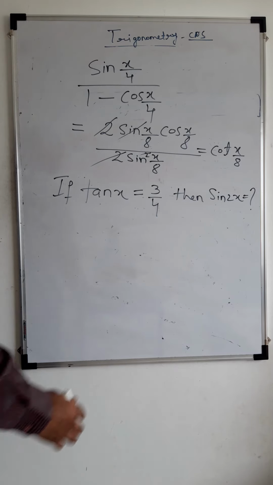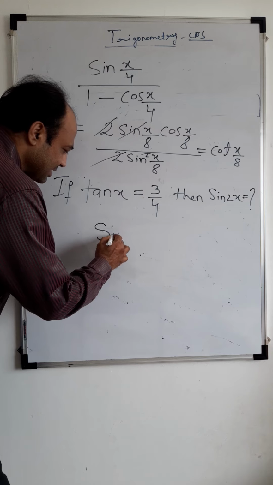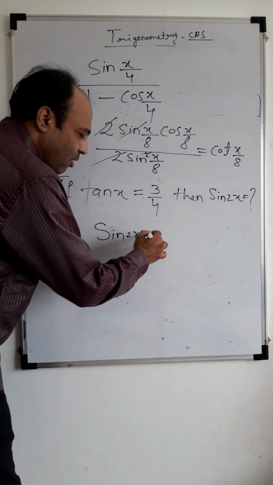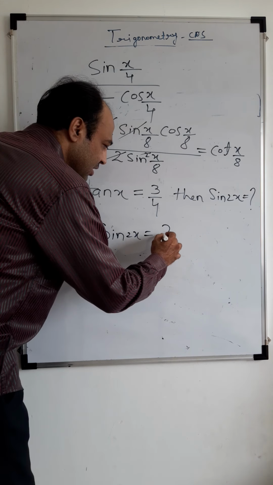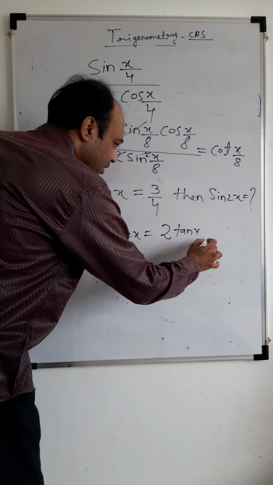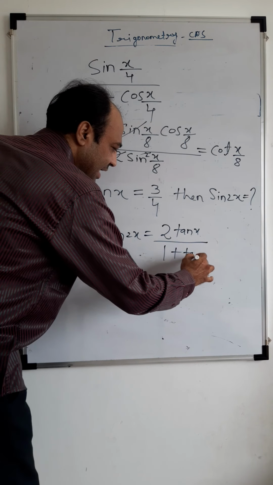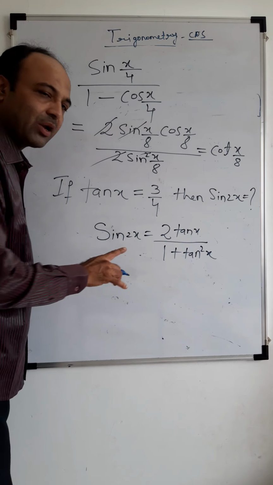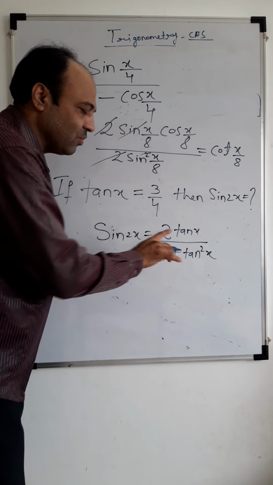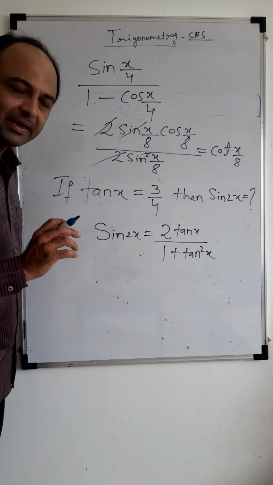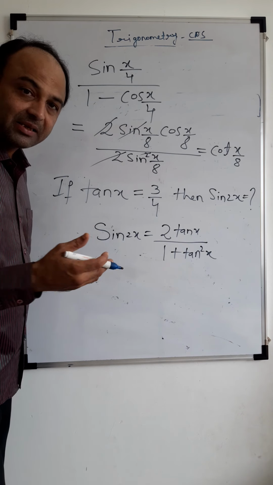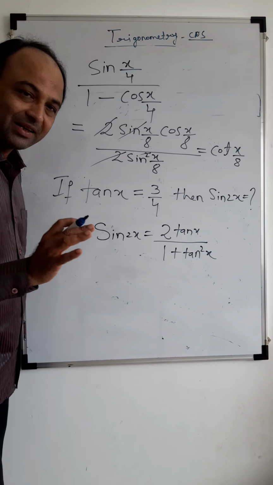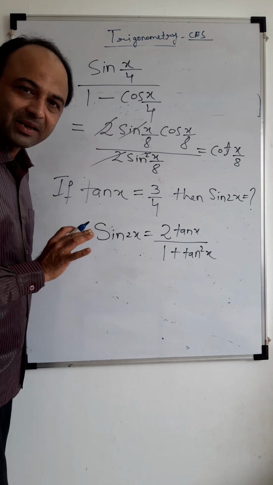So there, all of you came to know the sin 2x formula in terms of tan, which is 2 tan x upon 1 plus tan square x. This is the sin 2x का formula in terms of tan. 2 tan x upon 1 plus tan square x होता है. ठीक है? I have discussed this in that video again. So you have to remember these results.